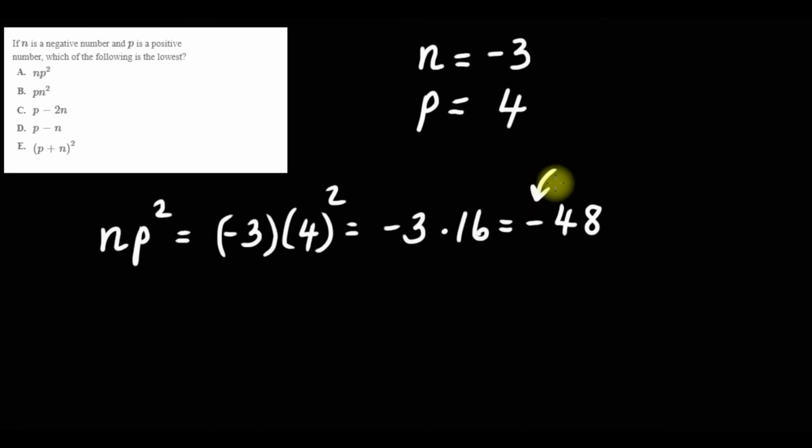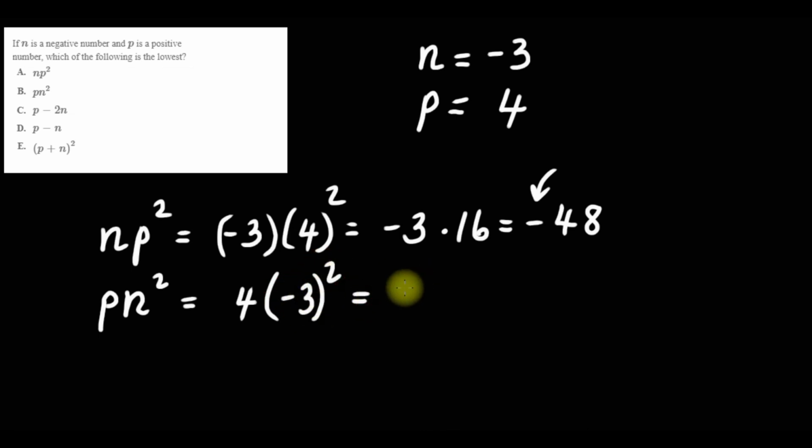The next one we have is p n squared. So this one would be 4 times negative 3 squared. That would be 4 times 9, and that's 36. So this one is higher than negative 48, so this one's no good, and the B is no good.